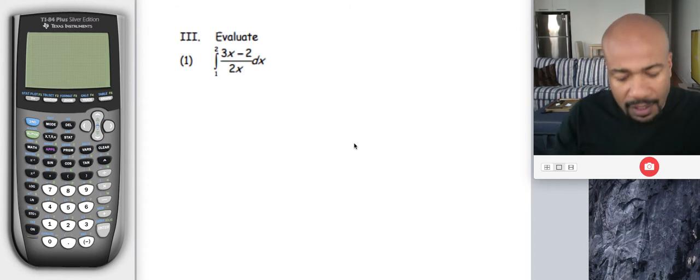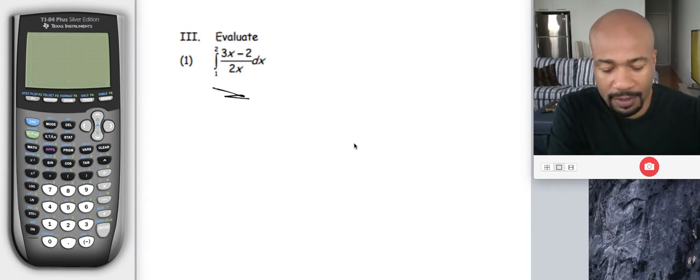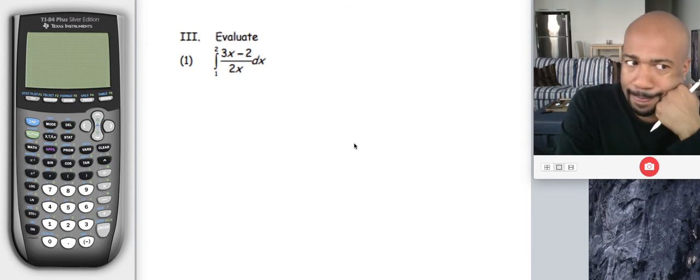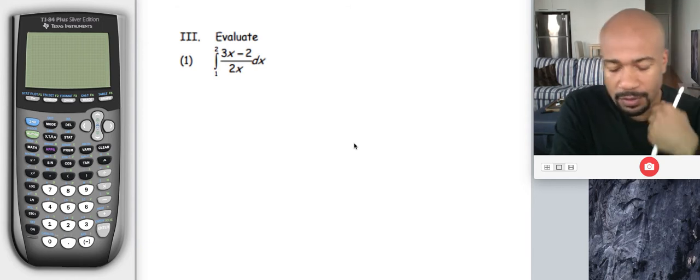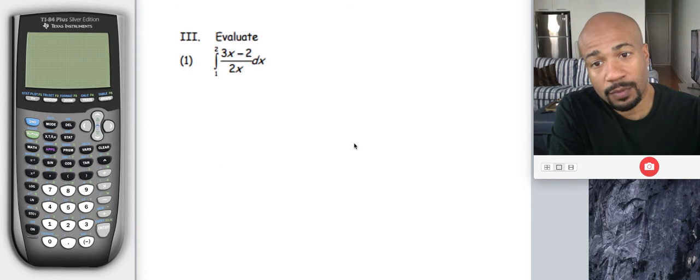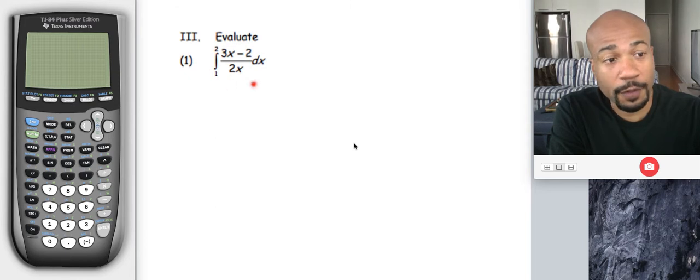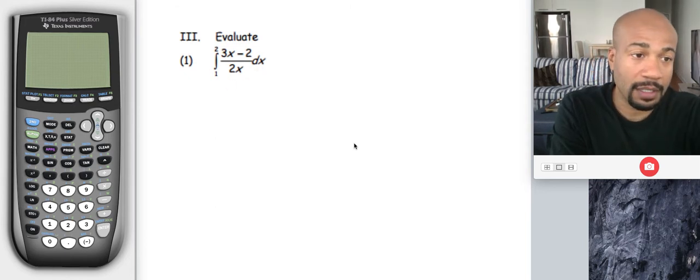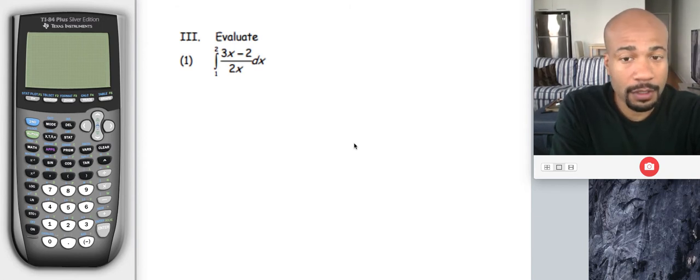But the integral that we have right here can be simplified. Taking a look at what's on the inside, let's do some reduction of this fraction first to see if we can work with an easier definite integral.